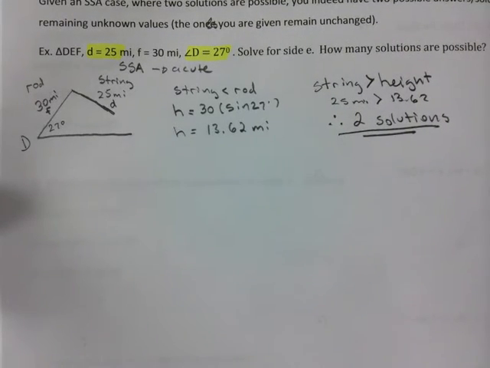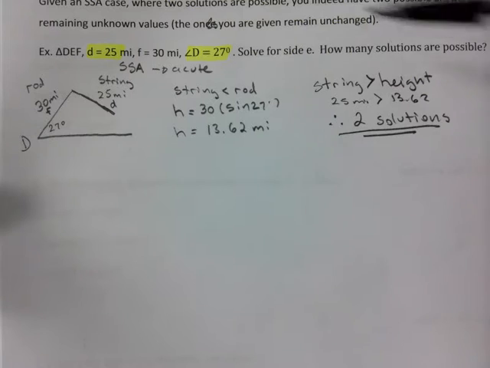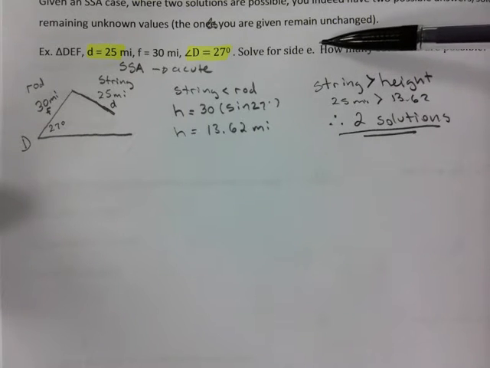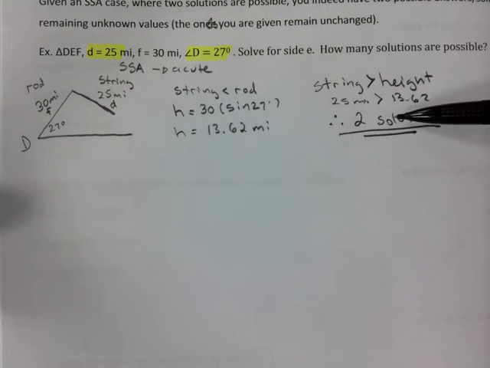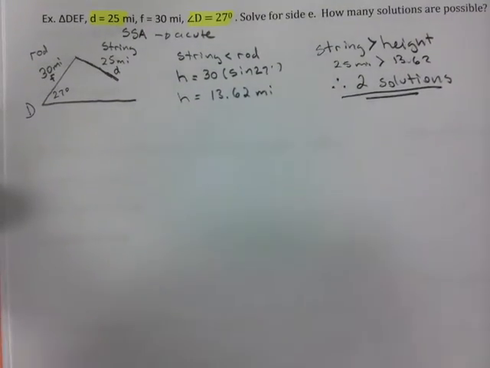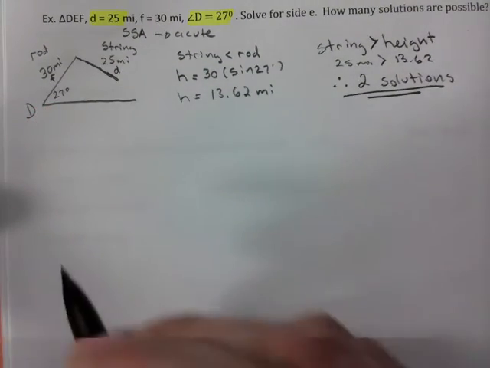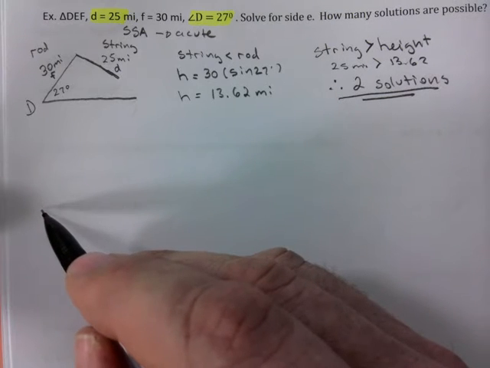And now it's asking you to solve for side E. Now we do know that there are two possible solutions for side E. That's the problem. And here's what happens. So imagine we're going to take this one and now close it because we know that one of them looks like this.